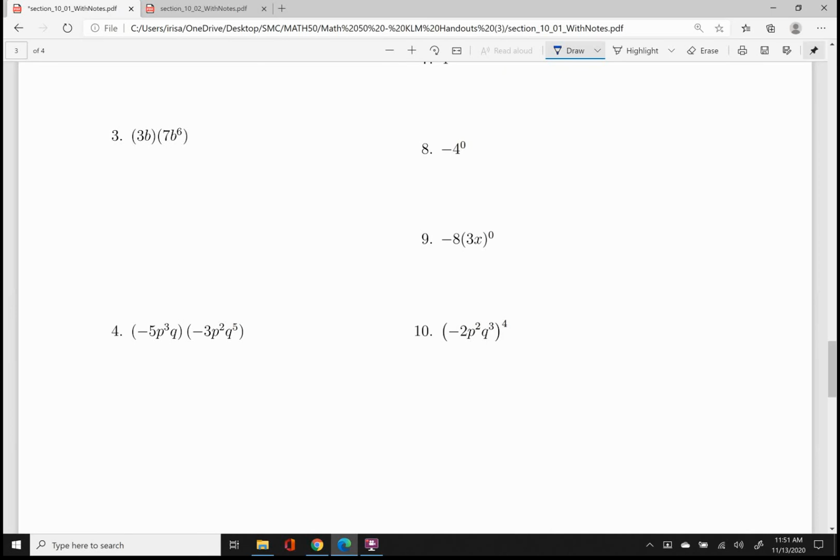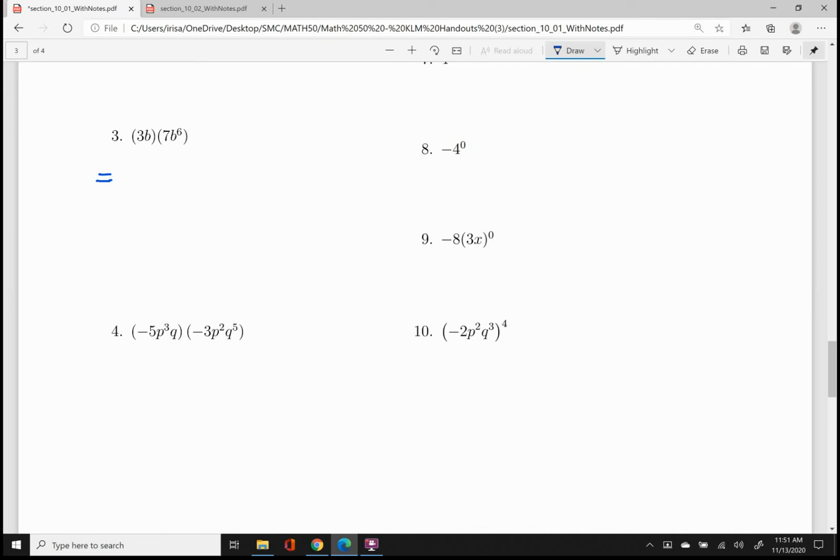Okay, so here we're getting to be a little bit more complex. We're just multiplying two quantities together, and one of them has an exponential expression in it, the b to the 6th power. And so one way that we can think about it is to drop the parentheses altogether and recognize that everything, the 3, the b, the 7, and the b to the 6th power, is all being multiplied together.